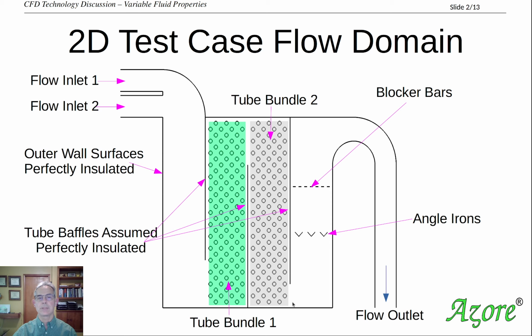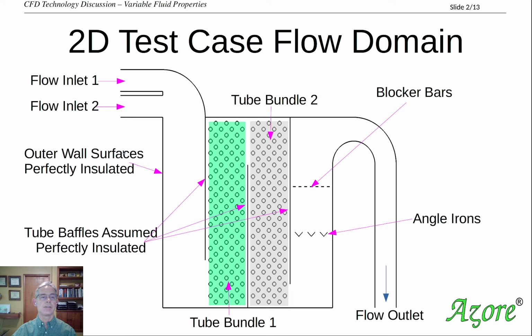And after it leaves tube bundle 2, it then goes through a few flow distribution devices, some angle irons, and some blocker bars. For the purposes of this discussion, we're going to assume that these division baffles inside the tube bundle are perfectly isolated, so no energy will transfer across these thin walls.